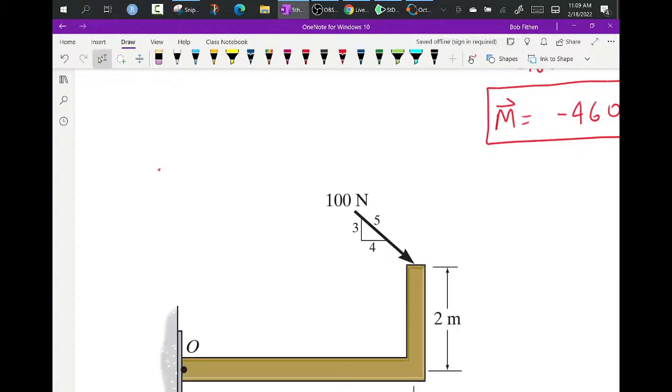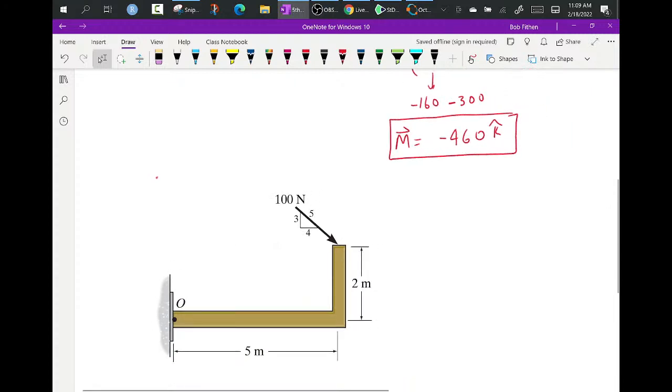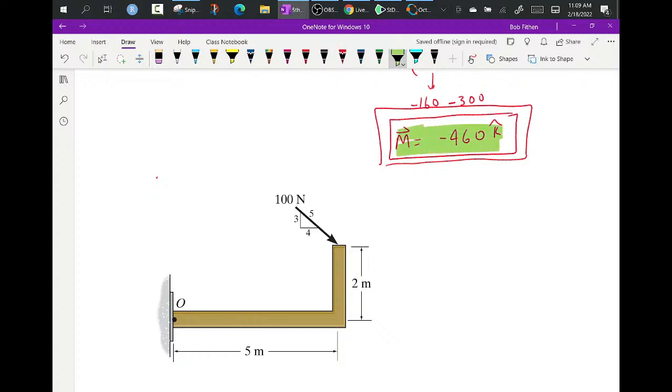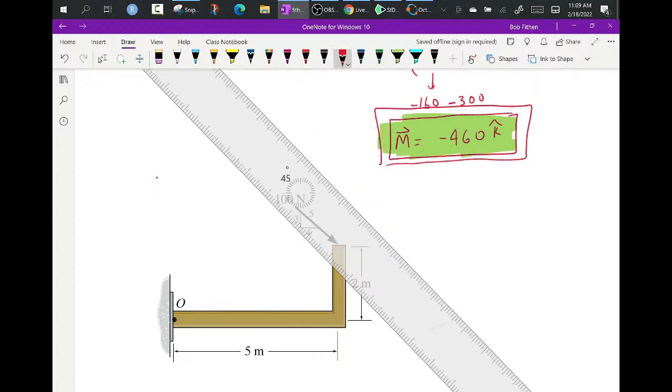Now we know this is the answer. So here we go, here's our answer. What else can we do? Well, let's try something very interesting. Okay, and I'm going to bring out my ruler, and I'm going to take my time here.